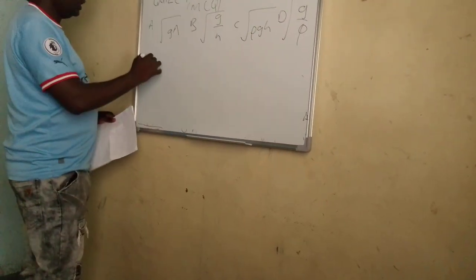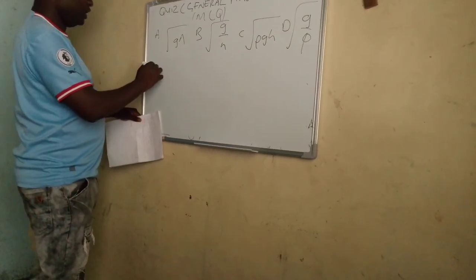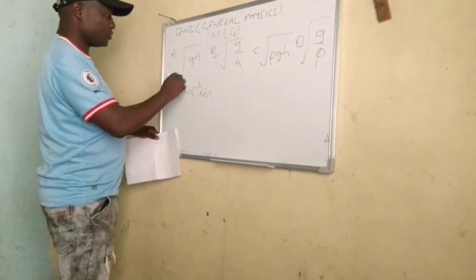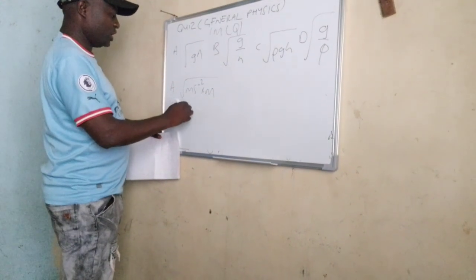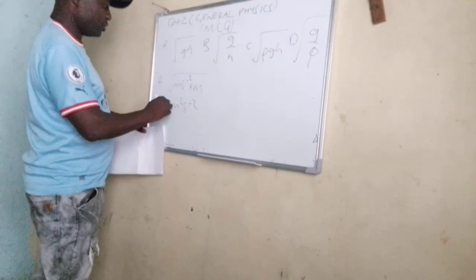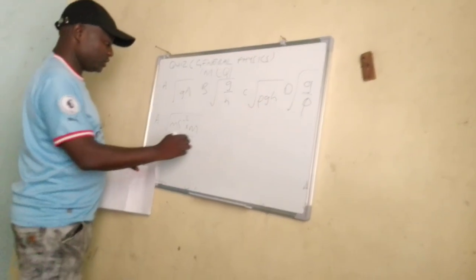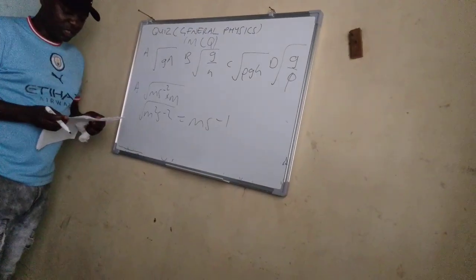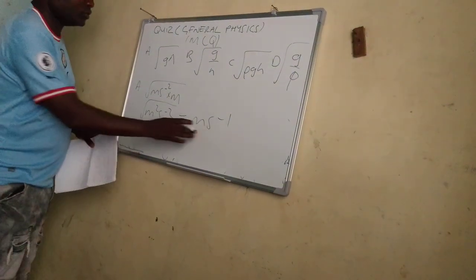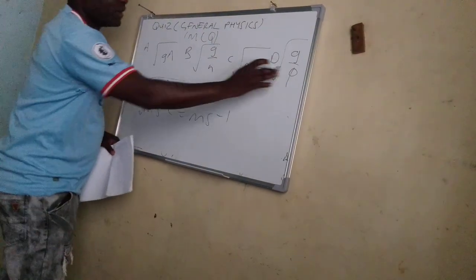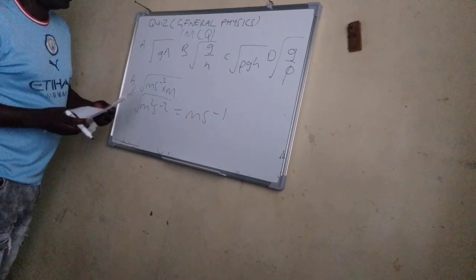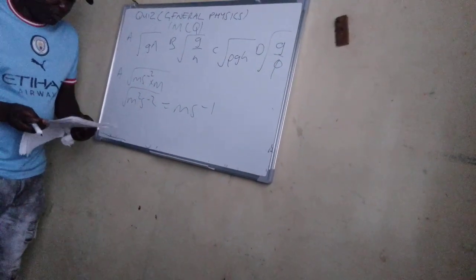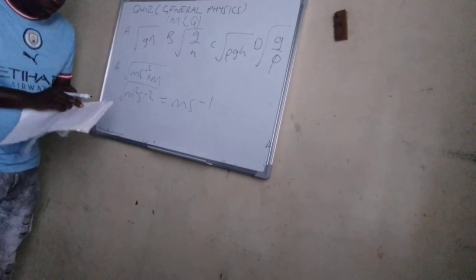So for A, g is meters per second squared times meters, square root of, so meters squared per second squared. What do you get as your answer? You get meters per second. So this is the expression for the speed of ocean waves. So it means other answers are wrong. Right? So the correct answer there is g lambda. So moving on to question 2.